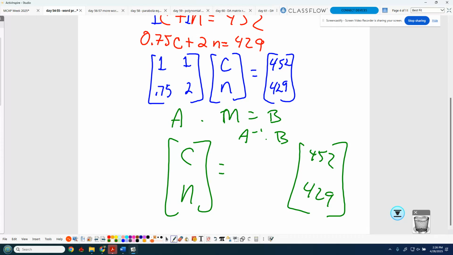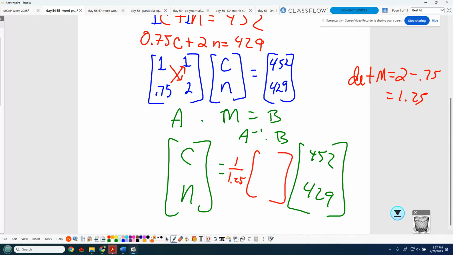I need the determinant of matrix A. Emma, how do I find the determinant for matrix A? 1 times 2 minus 1 times 1.5. Hang on, real quick. What's the rest?